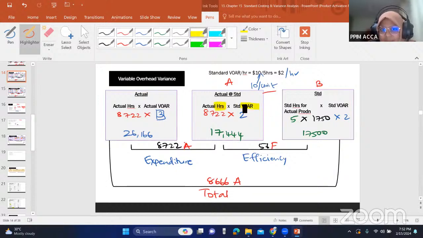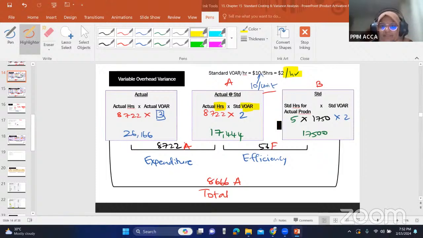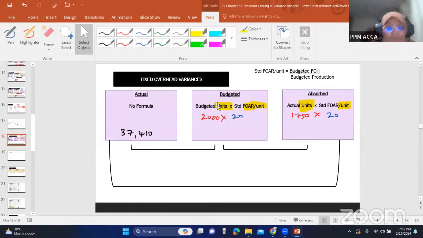So this has to be multiplied by another hourly based OAR, an OAR per hour, because you are multiplying it with an hourly based figure. Here also is an hourly based figure. This has to be a VOAR per hour. Understood? So what we are multiplying the OAR with, if it is an hourly based figure, this also has to be denominated by hours. In this case, this is a unit based figure. That's why the FOAR, we have to take it per unit.